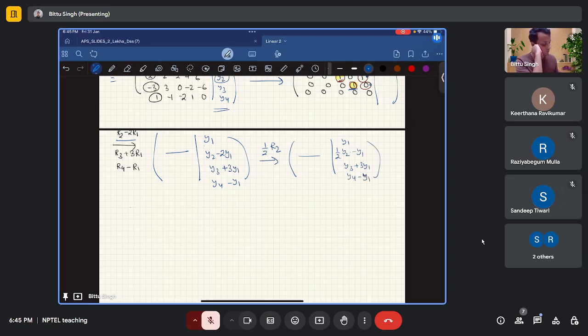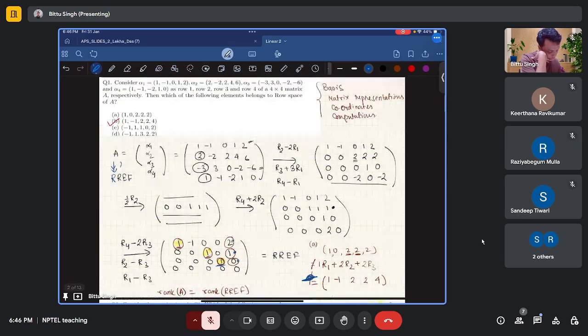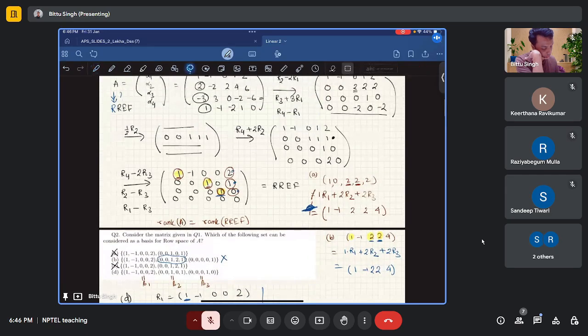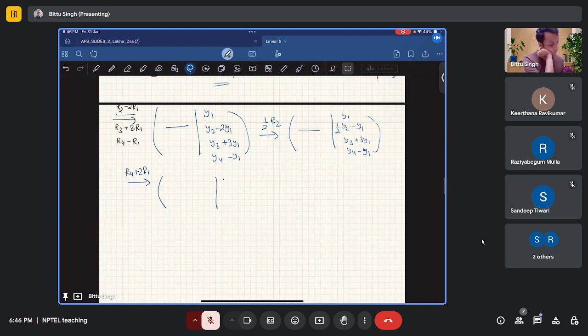What is the next operation? Next operation is r4 plus 2r1, right? R4 plus 2r1 was that operation. Yes, and also copy this thing. If you apply r4 plus 2r1, what are you getting?